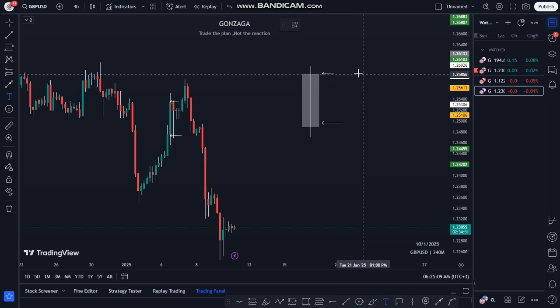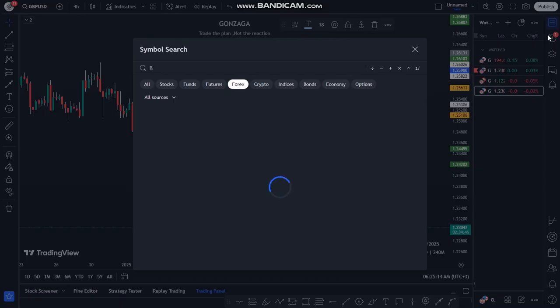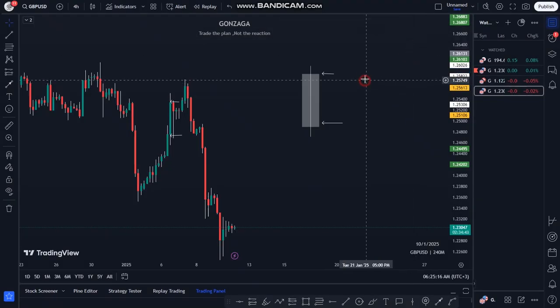So let me just try to type it here, that candle is a bullish candle. Then if its opening was up and it closed from down, that candle is a bearish candle.